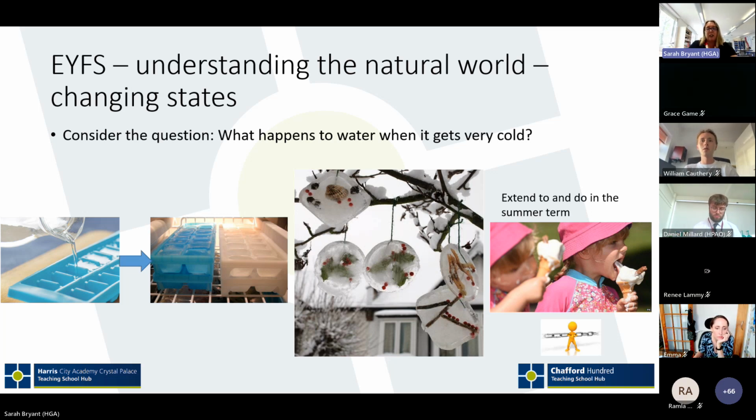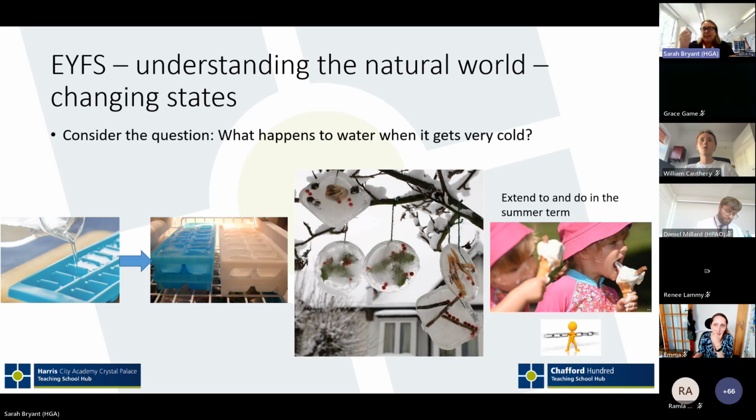And then to extend further, we could take that to the summer term. This is the perfect weather for it at the moment: what happens to an ice lolly? We could put some little lolly sticks in the ice cube tray with orange, some fruit juice or something like that, checking for allergies and things like that.